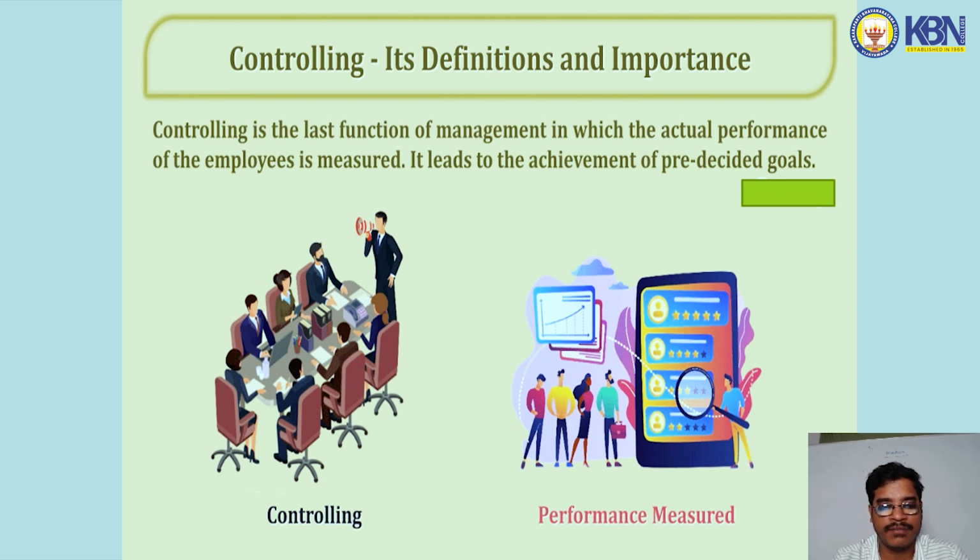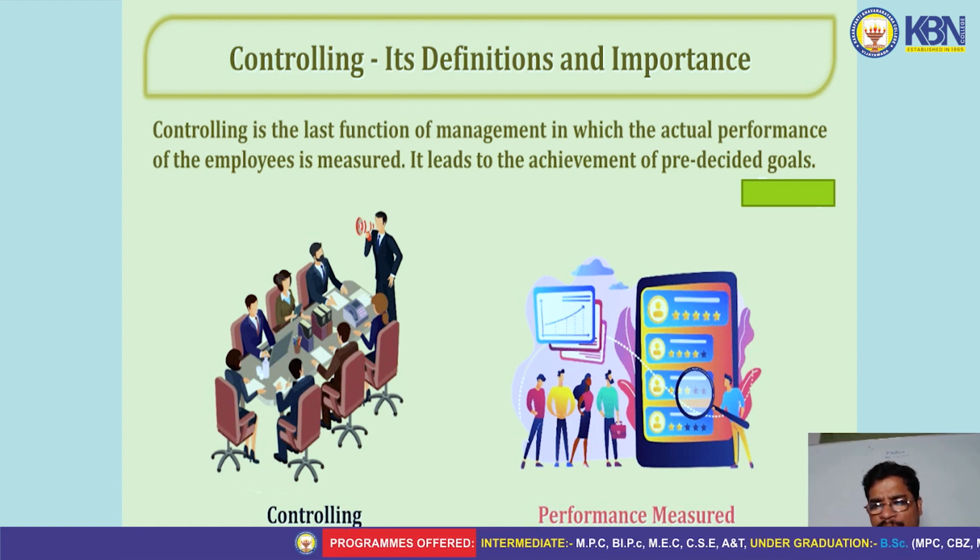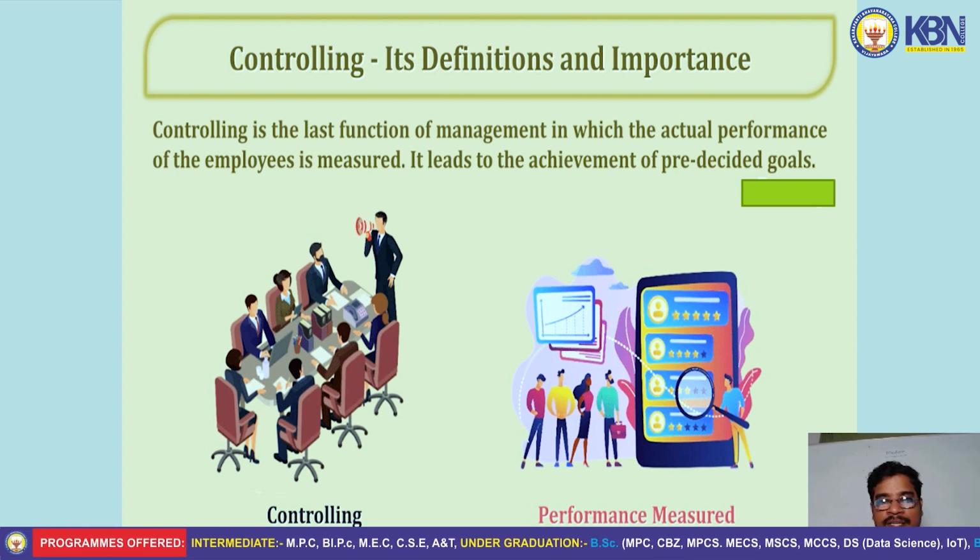That is the reason why every organization has to keep focus on achieving the desired goals. So controlling is the function where a manager can assess the actual performance and the standard performance. Is the performance according to the standards or not? We can decide it very clearly.